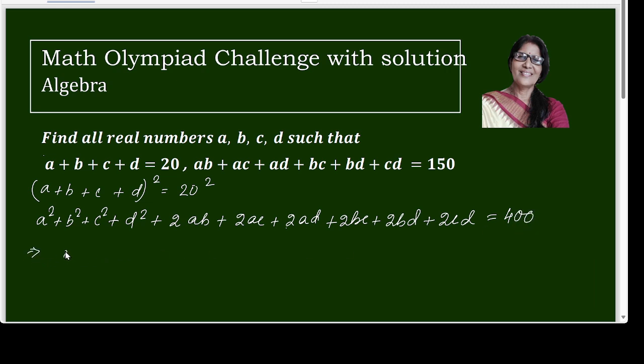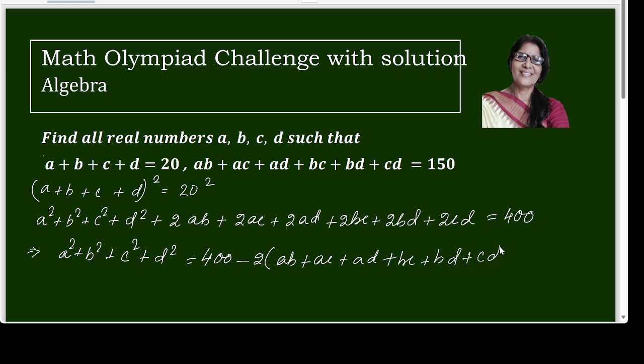So from this I'll separate a square plus b square plus c square plus d square. It will be 400 minus 2, taking common, ab plus ac plus ad plus bc plus bd plus cd. That is given to be 150.